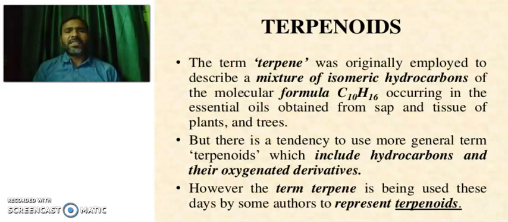But there is a tendency to use the more general term terpenoids, which includes hydrocarbons and their oxygenated derivatives. My friend, the term terpene is being used these days by some authors to represent terpenoids.